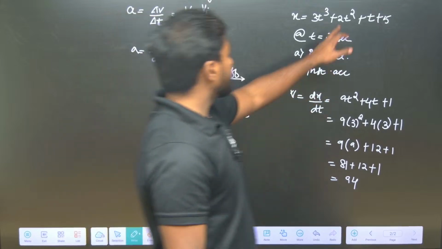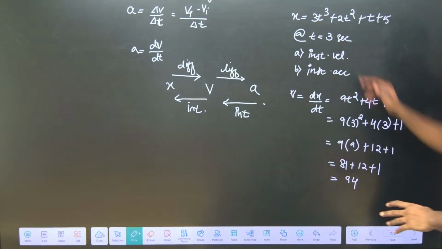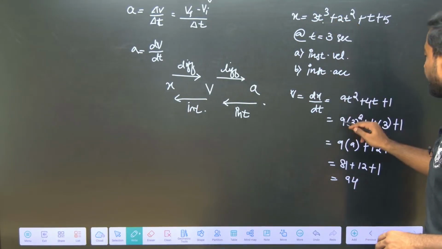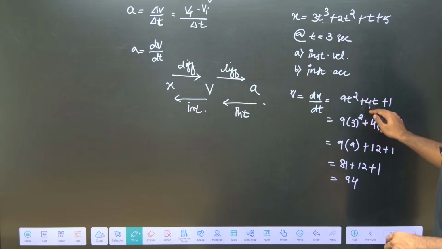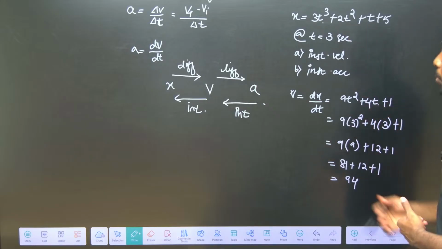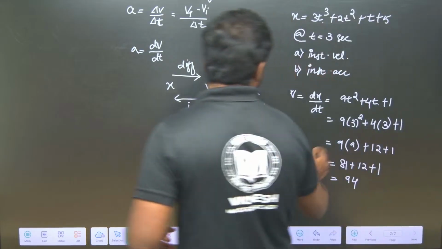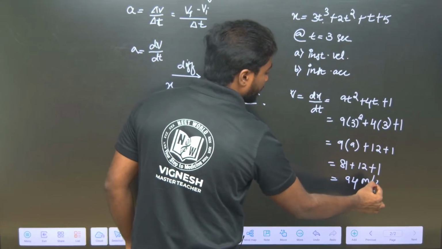I have substituted the value 3 here, so it is 94 meter per second.